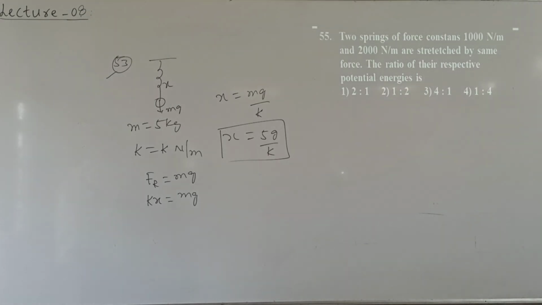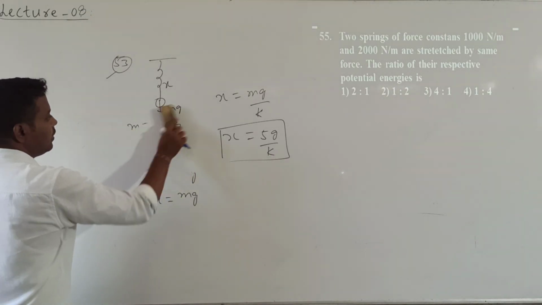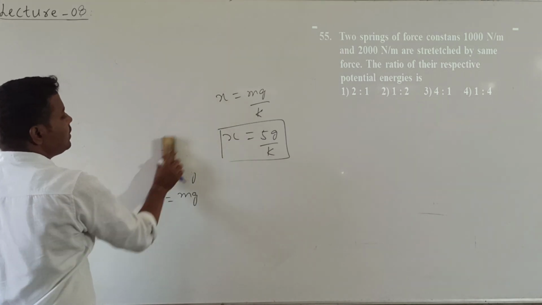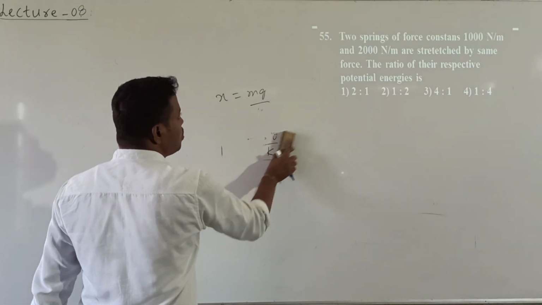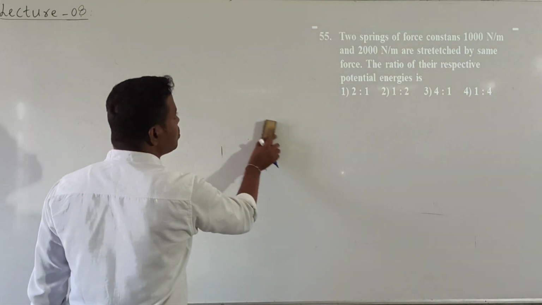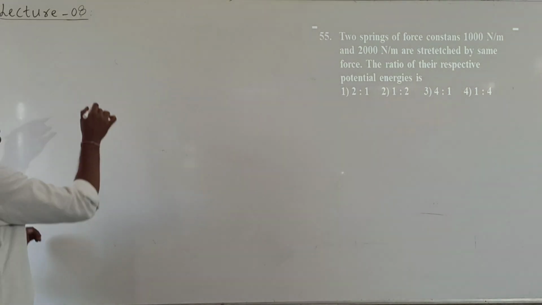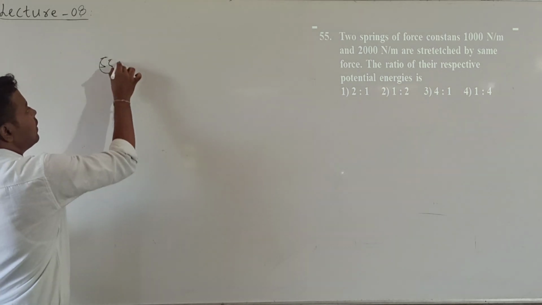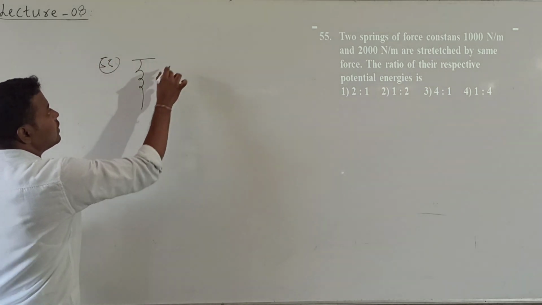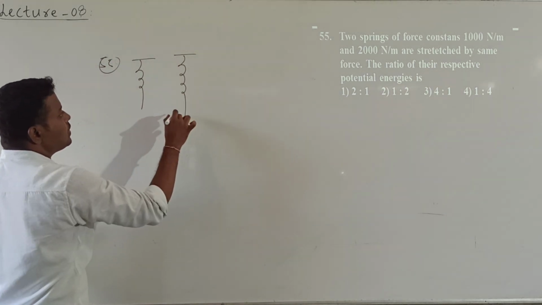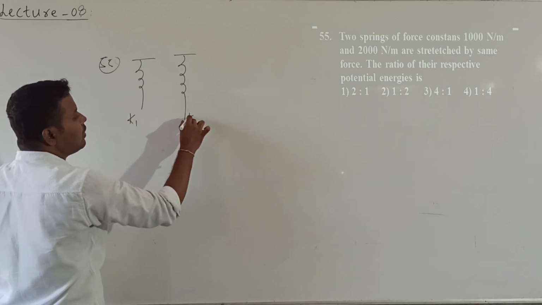Next, question number 55. This is a question based on springs only. Two springs of force constants 1000 and 2000 are stretched by the same force. There are two springs, first and second, but the spring constants are different, K1 and K2.